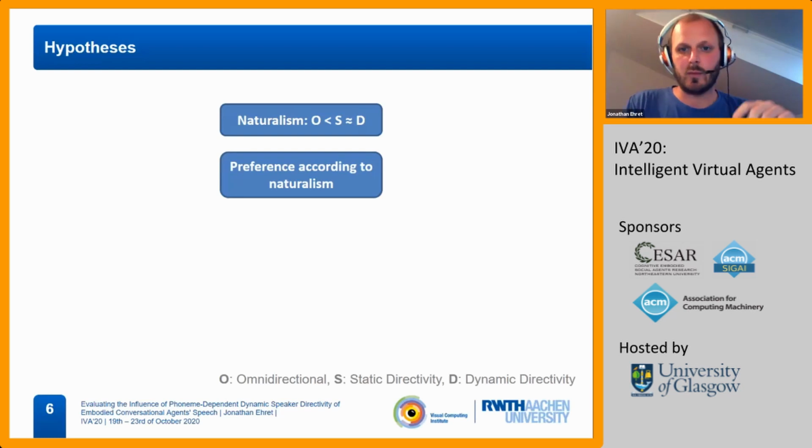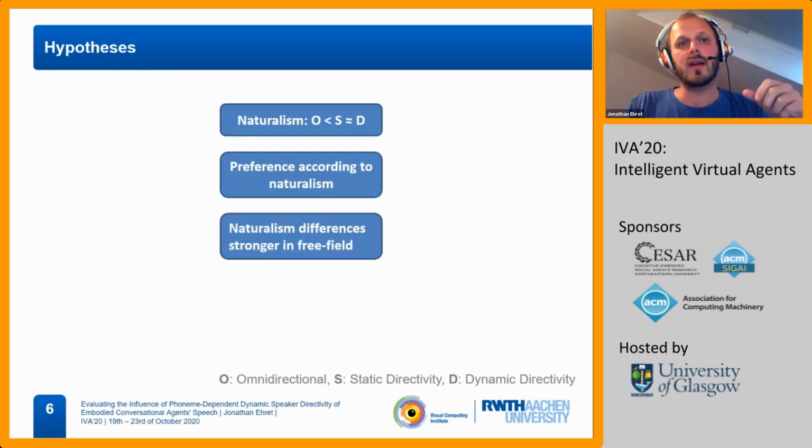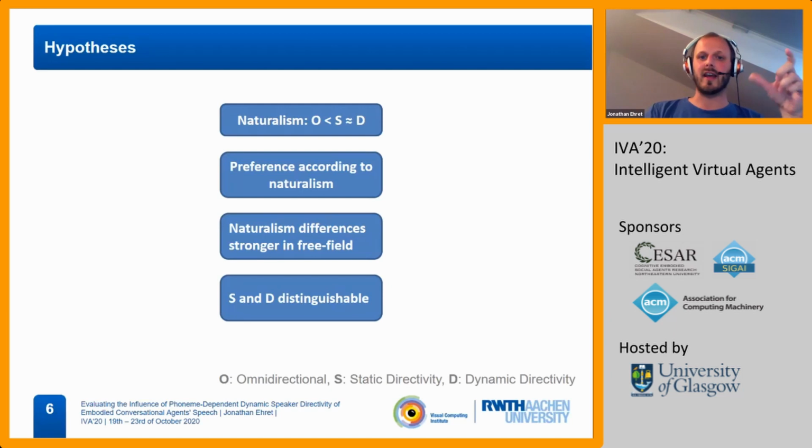We also expect people to prefer the oralizations which they feel are more natural. Then we think that natural differences should be stronger in free field, and we hypothesize that static and dynamic directivity are distinguishable if we give full control to the participants to actually listen to exactly the things they want to hear and try to distinguish those.